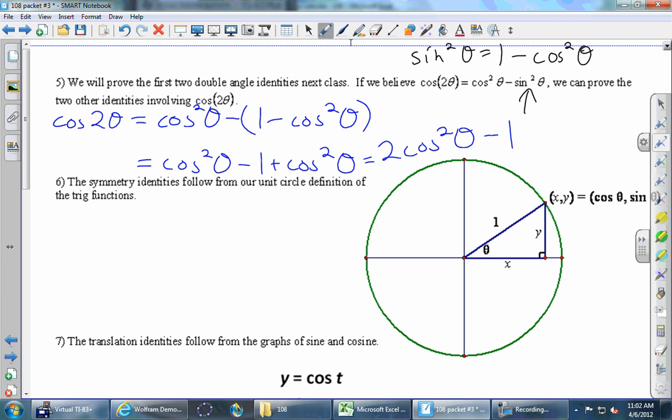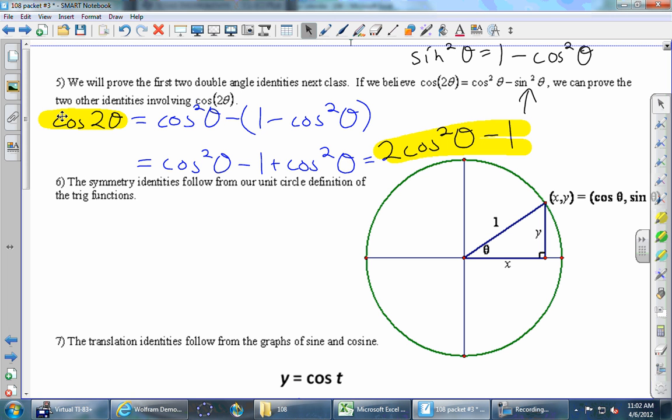Everybody see it? So what we just did is prove the cosine of 2 theta is the same as 2 cosine squared theta minus 1. And if you go back to the previous page, you'll see that in our big list of identities. Make sense?